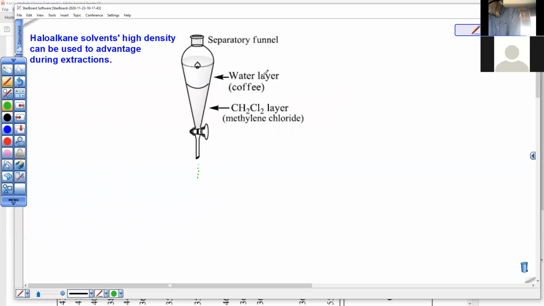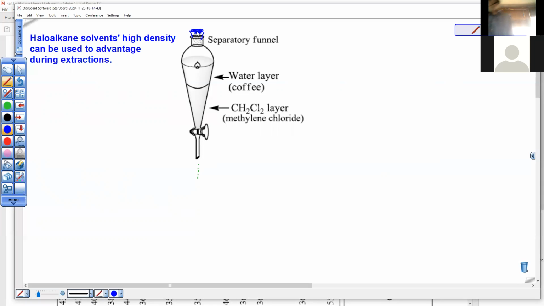So somebody brewed up a pot of coffee and put it in here. And then they added dichloromethane because they want to extract the caffeine, which is a non-polar molecule, out of the water. And this would work. So what he does is he seals it up. He puts a little stopper up here.